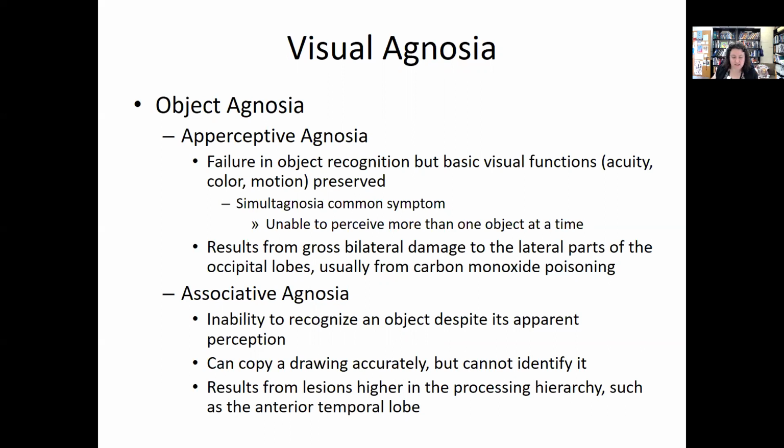And this is related to memory problems with objects, so again, that visual memory, being able to tie things to what you already know. These are often problems in the anterior temporal lobe, so it's not in the visual cortex, it's not in that occipital lobe, it's later things where it connects to memory.